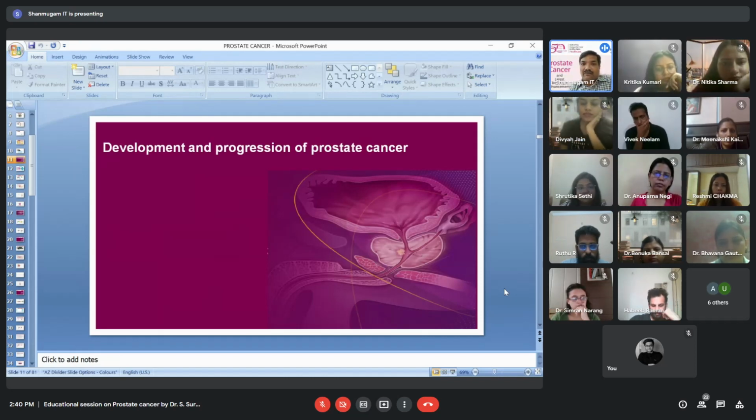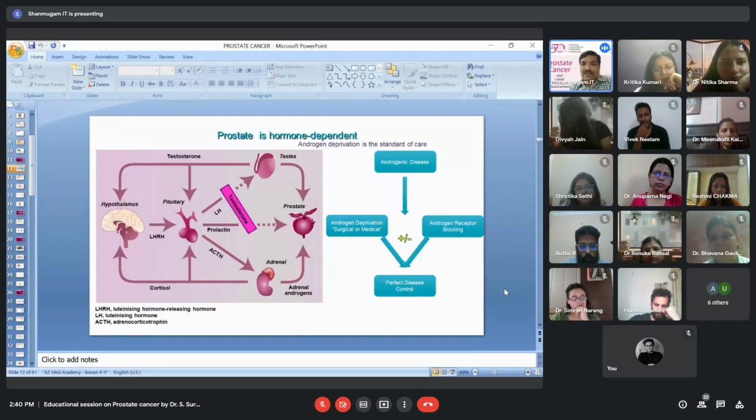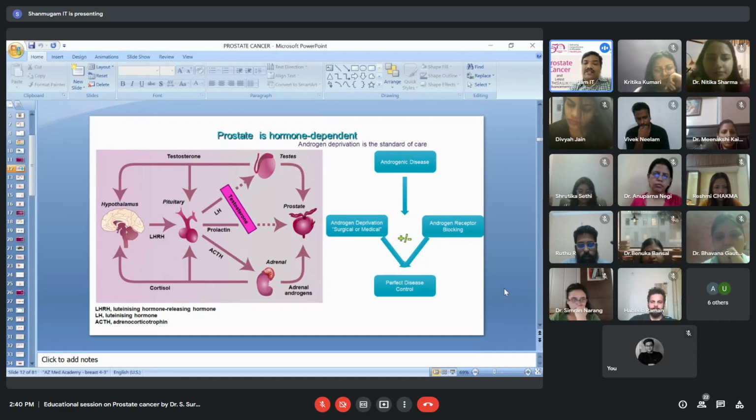Now, when we come to the development and progression of prostate cancer, prostate cancer is hormone dependent. It was one of the earliest cancers to be attributed to hormone dependency, and manipulation of hormones resulted in control of the cancer. This was seen earlier with Huggins.